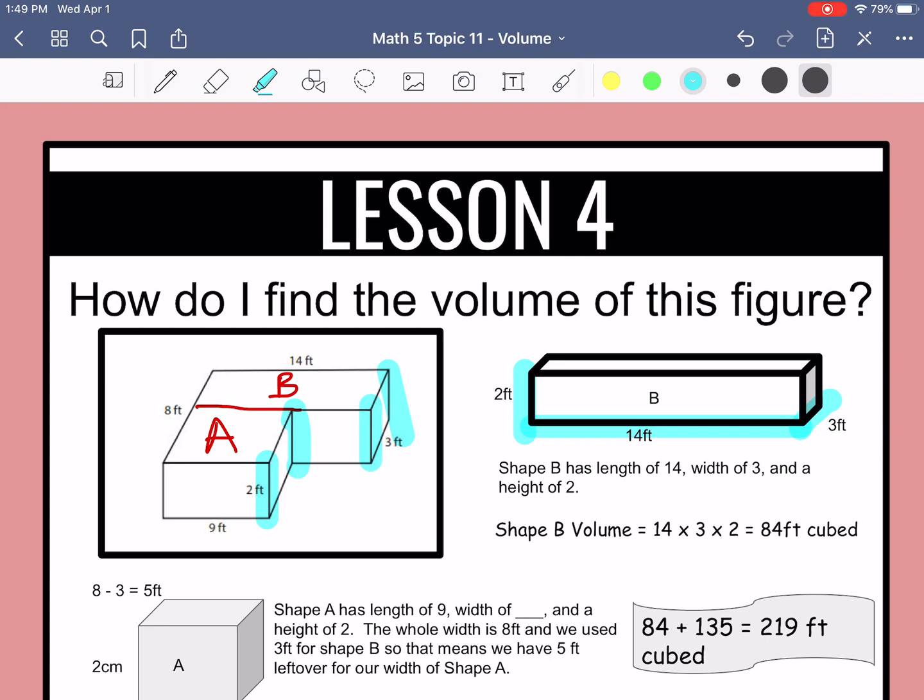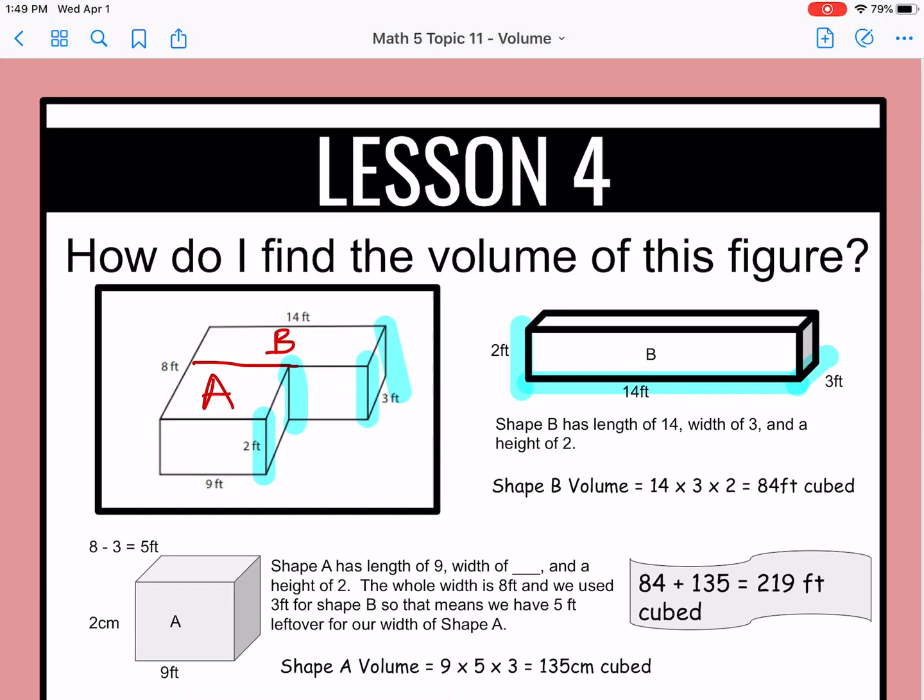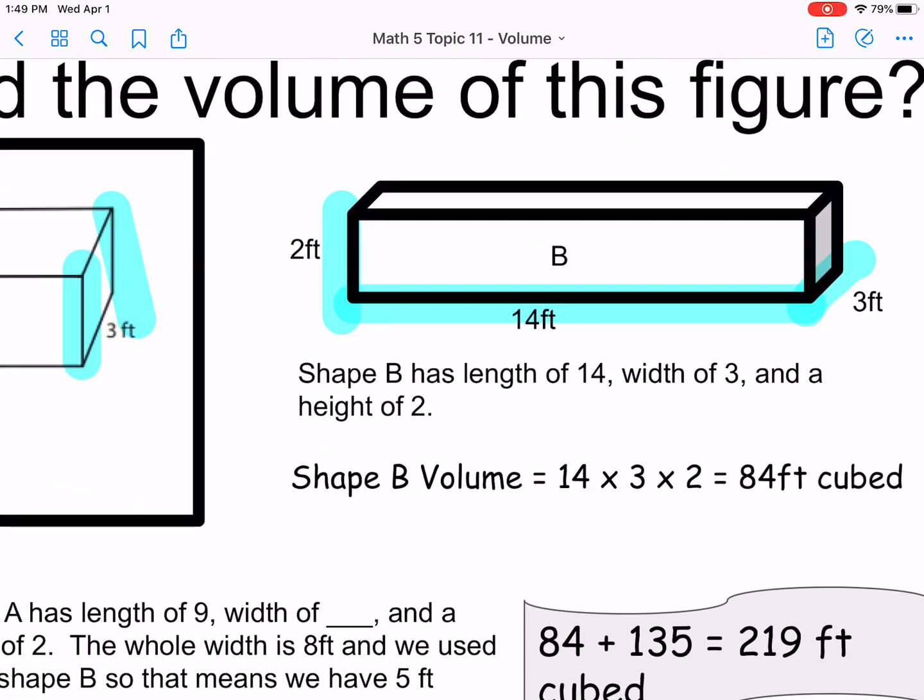So we have everything we need for shape B to find the volume. We have a length of 14, a width of 3, and a height of 2. When we do that, we get 14 times 3 times 2. When we work that out, we're going to get 84 feet cubed.